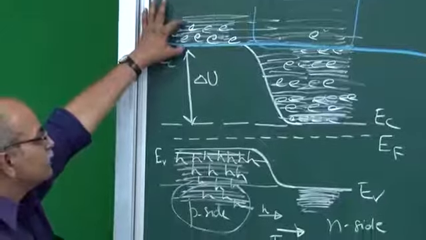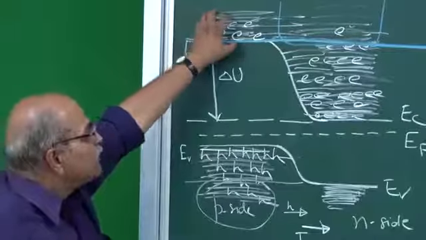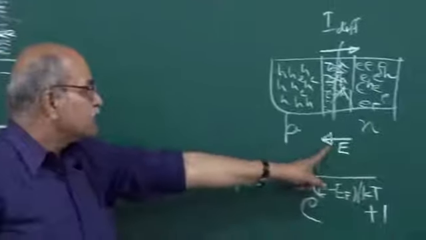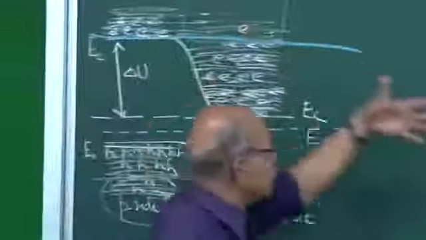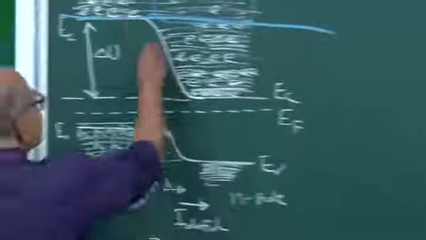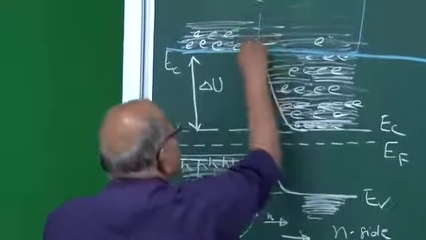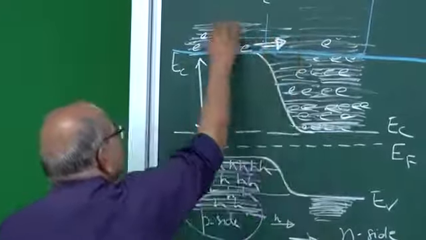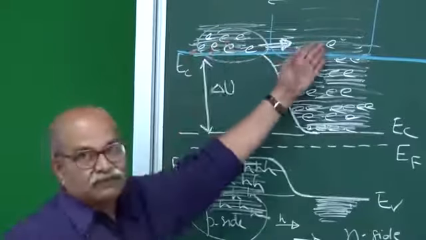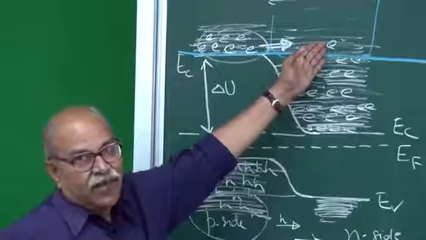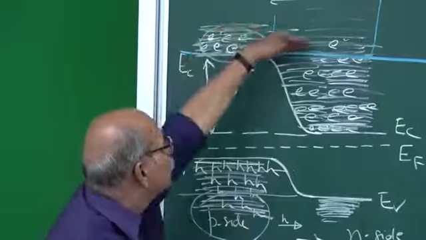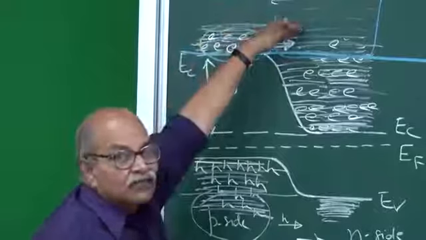These are the minority carriers, and because of this electric field, these electrons will tend to go towards that n side, in this direction. They would like to go in this direction, and there is no barrier. They can very easily go. This electron can go, this electron can go, everything can go.